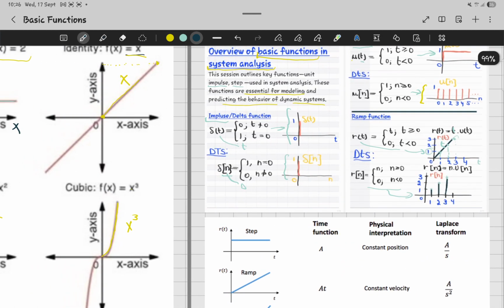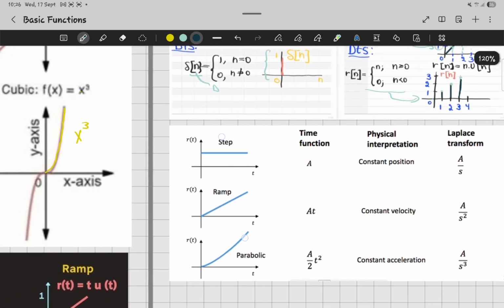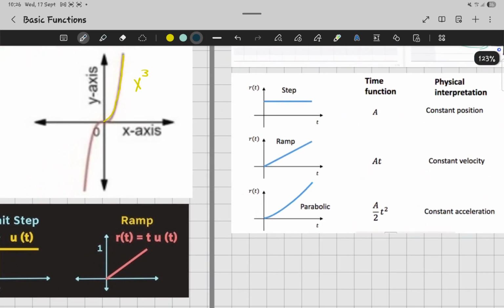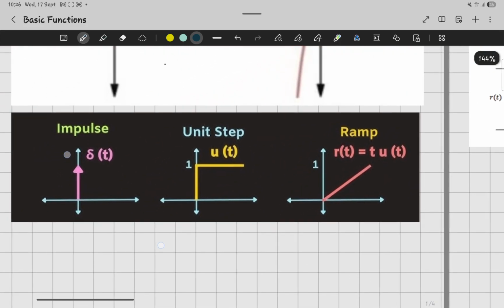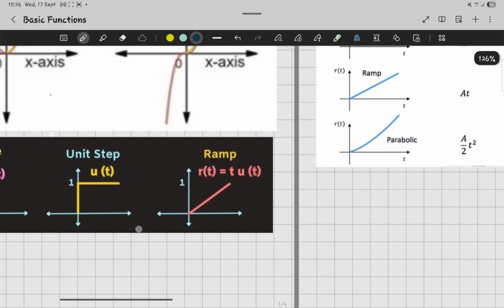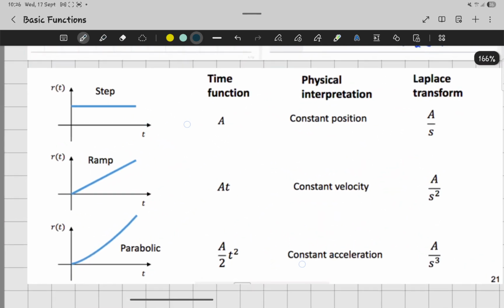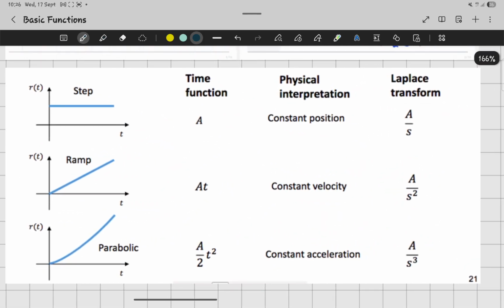For example, if I want to show you the exact representation, let me just go to this side so then you can see. Okay, so what you have here is the unit step. This is how you draw the unit step.